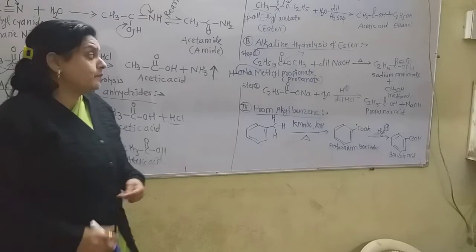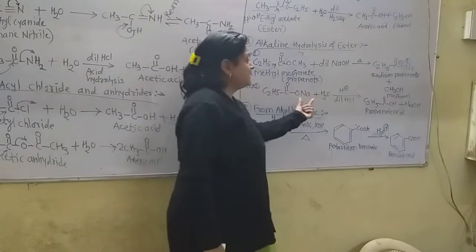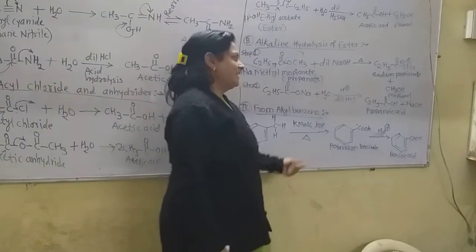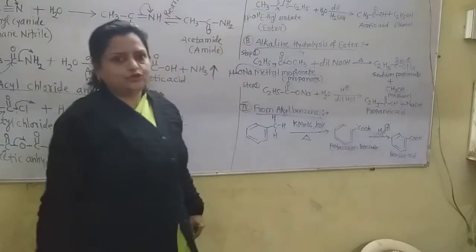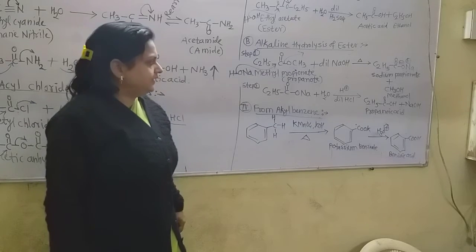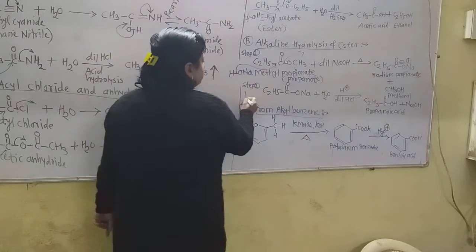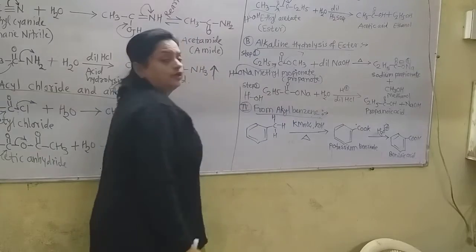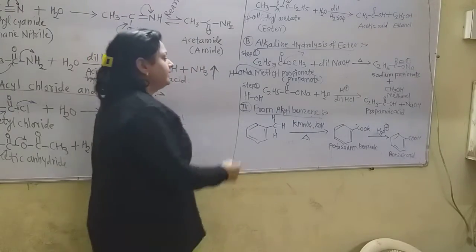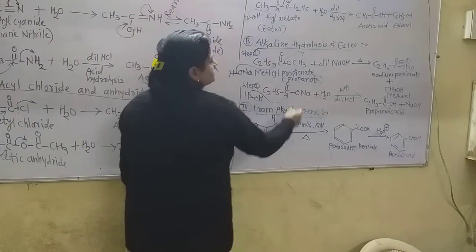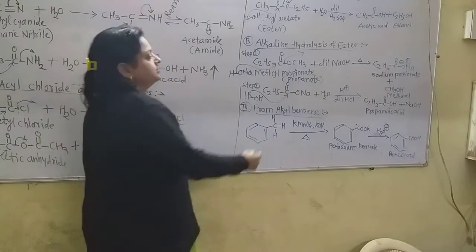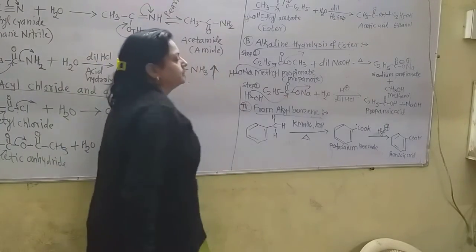Now this sodium propanoate, in the second step, again undergoes acid hydrolysis by using dilute HCl, and in this there is the addition of water molecule. Now in this what happened? Again this OH minus attacks on this carbonyl carbon and this ONa gets detached from here.